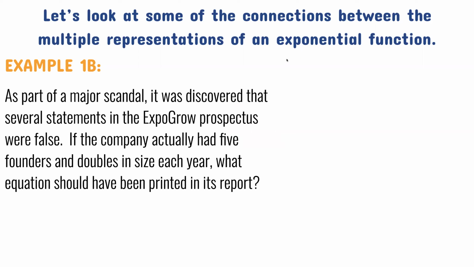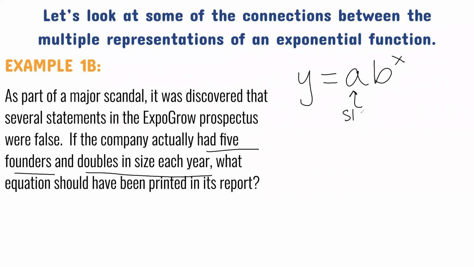However, as part of a major scandal, it was discovered that several statements in the company's prospectus were false. If the company actually had 5 founders and doubles in size each year, what equation should have been printed in its report? So we know that our equation is y = ab^x, where a is the starting value and b is the multiplier.